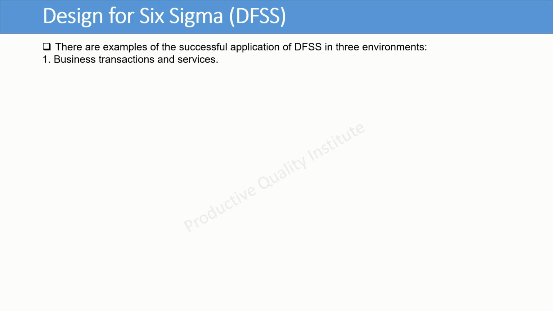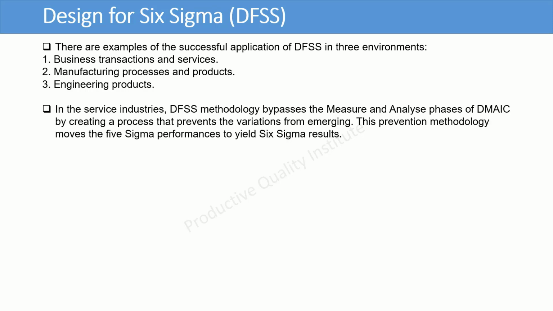Business transactions and services. 2. Manufacturing processes and products. 3. Engineering products. In the service industries, DFSS methodology bypasses the measure and analyze phases of DMAIC by creating a process that prevents the variations from emerging. This prevention methodology moves the 5 Sigma performances to yield 6 Sigma results.